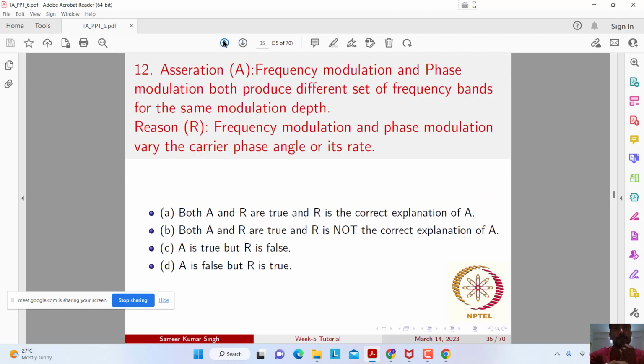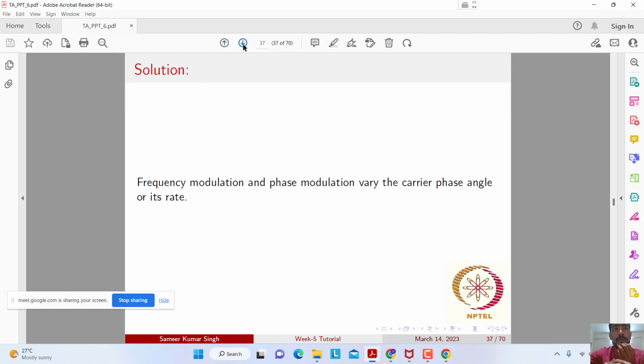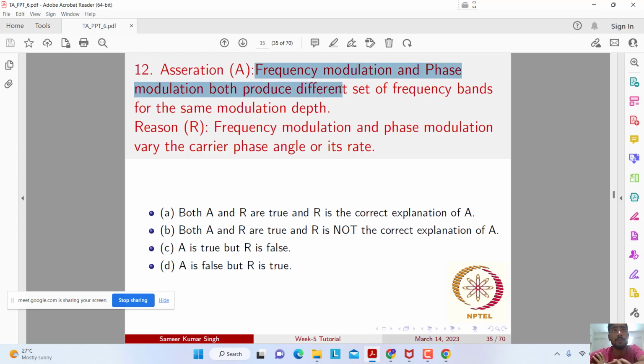A is false and R is true. Frequency modulation and phase modulation both produce different set of frequency bands for the same modulation depth. Okay, D is the right answer.